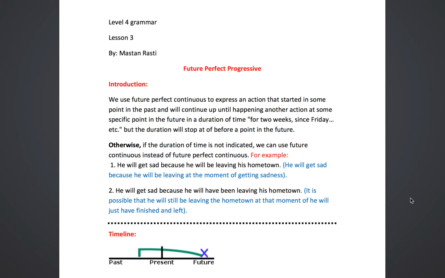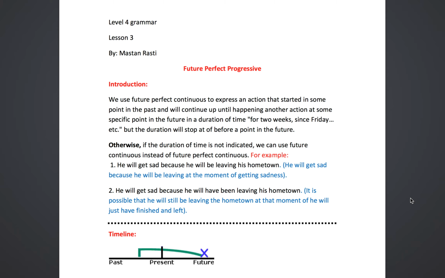Here, because it's also a progressive tense, we have to show the duration of time by using time expressions like for 2 weeks, since Friday, or it's common to use by. For example, by 2018, something like that, etc. But the duration will stop at or before a point in the future.